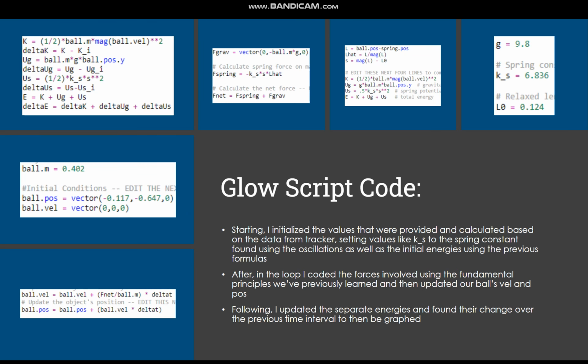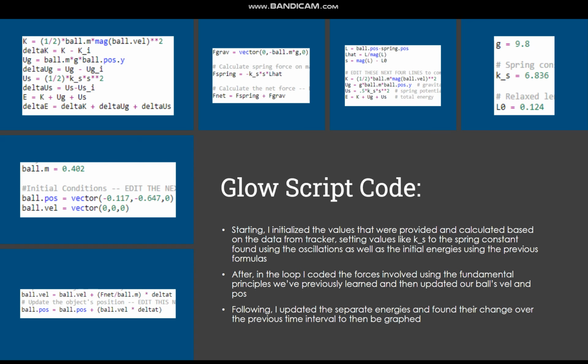So for the GlowScript code, starting, I initialized the values that were provided and calculated based on the data from Tracker, setting values like K sub S to the spring constant found using the oscillations, as well as the initial energies using the previous formulas.